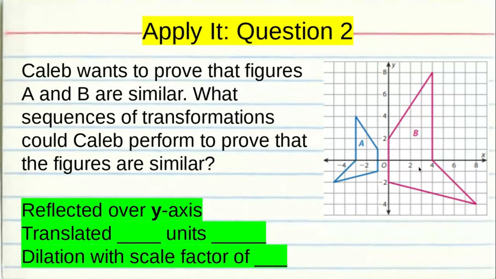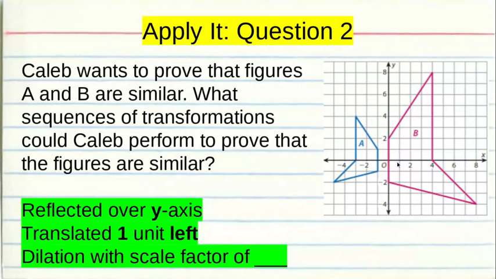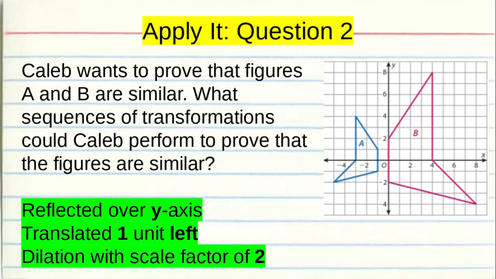We also need to, from there, translate it 1 unit to the left, and then dilate it with that scale factor of 2. So we would start by reflecting it over the y-axis, translating them all 1 to the left, and then dilating with that scale factor of 2 to make sure that it's large enough to cover all of the points.